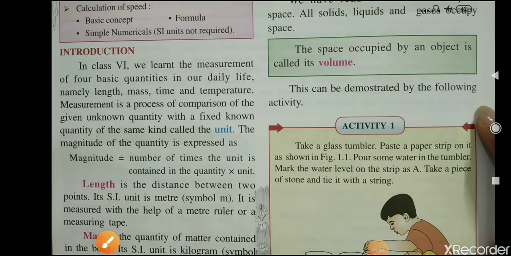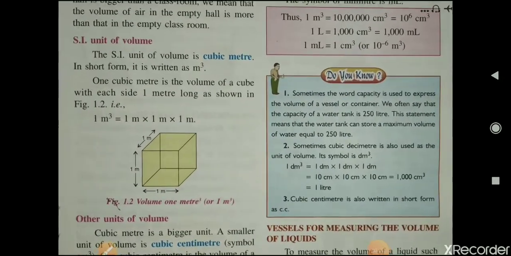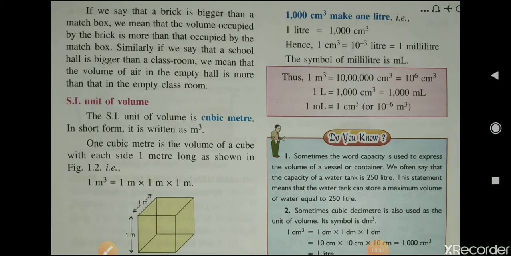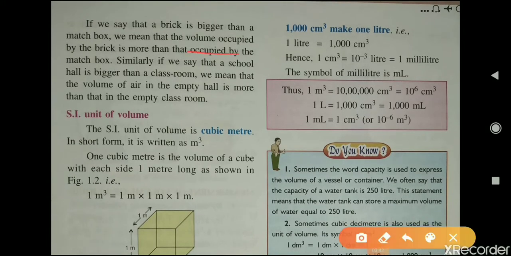Understood? Now, if we say that a brick is bigger than a matchbox, we mean that the volume occupied by a brick is more than the volume occupied by a matchbox.